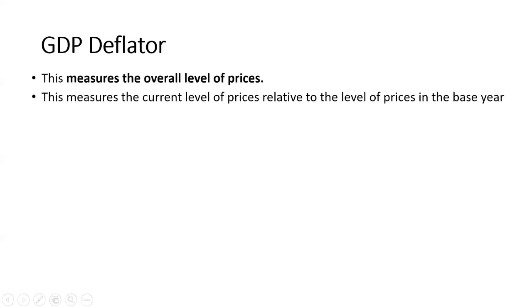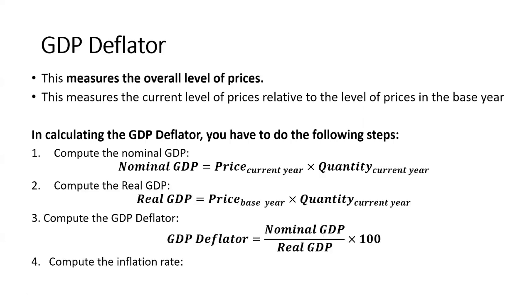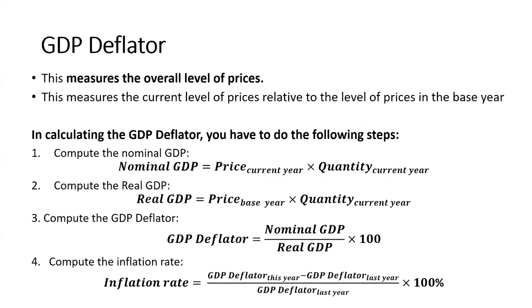So compute the inflation rate using the GDP deflator by getting the difference between the GDP deflator this year and the GDP deflator last year, divided by the GDP deflator last year, times 100%. Take note, the inflation rate is the percentage increase in the prices of goods and services. In measuring the overall level of prices in this situation, we use the GDP deflator.